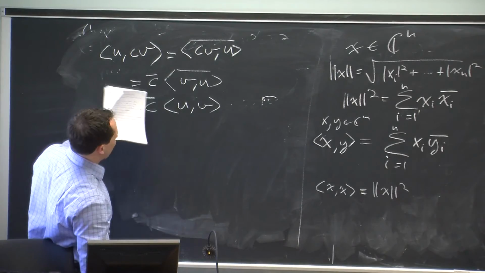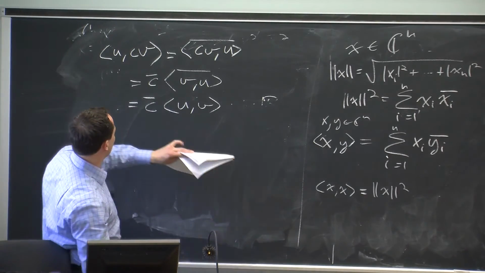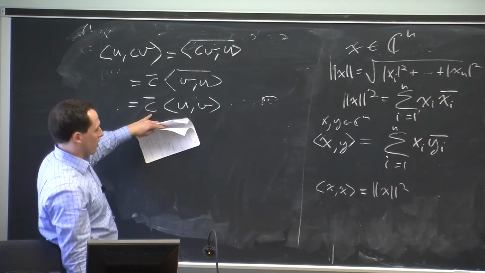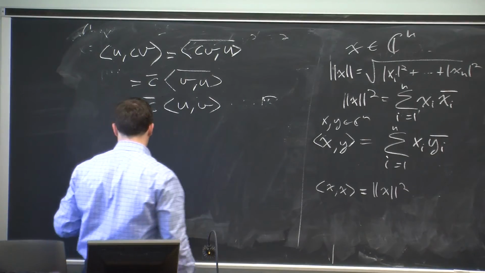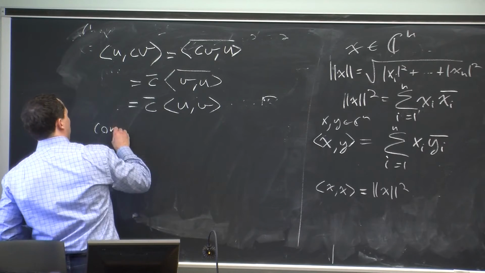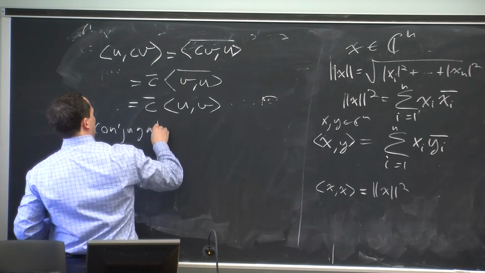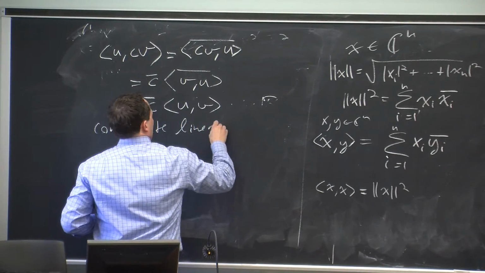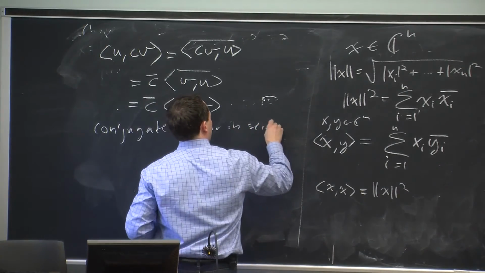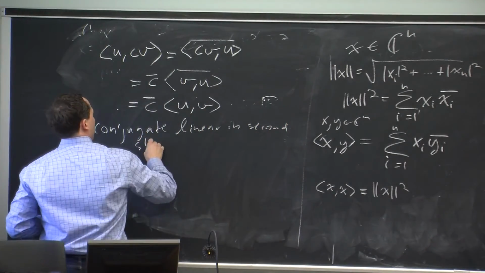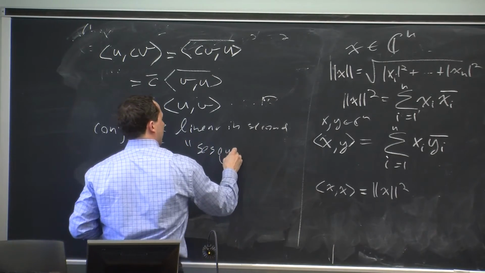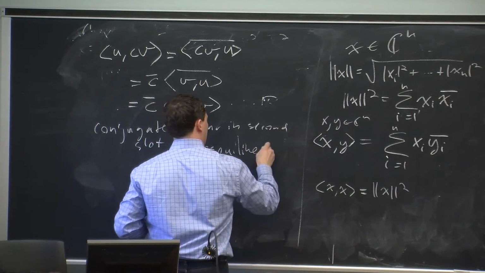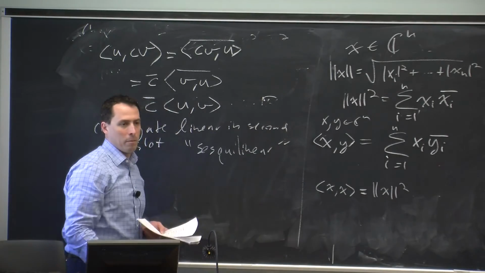That tells me that in the second coordinate, it's additive, but it's not quite linear. So with scalar multiplication, when I pull out the scalar, it gets conjugated. So it's conjugate linear, those two properties combined in the second slot. Another word for this is sesquilinear, a function which is linear in the first and conjugate linear in the second.